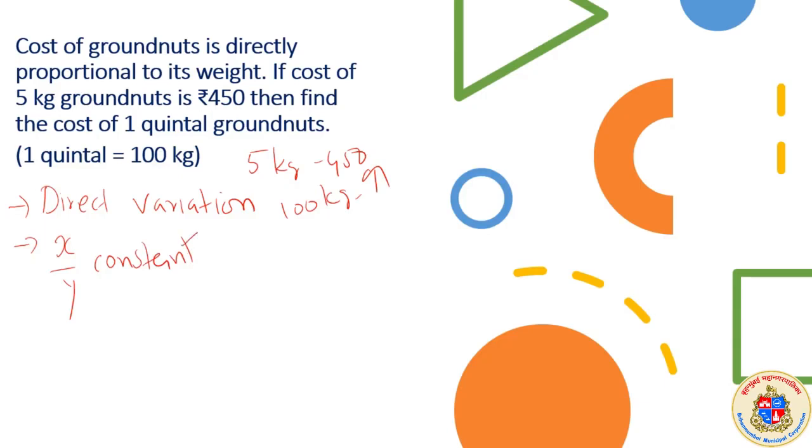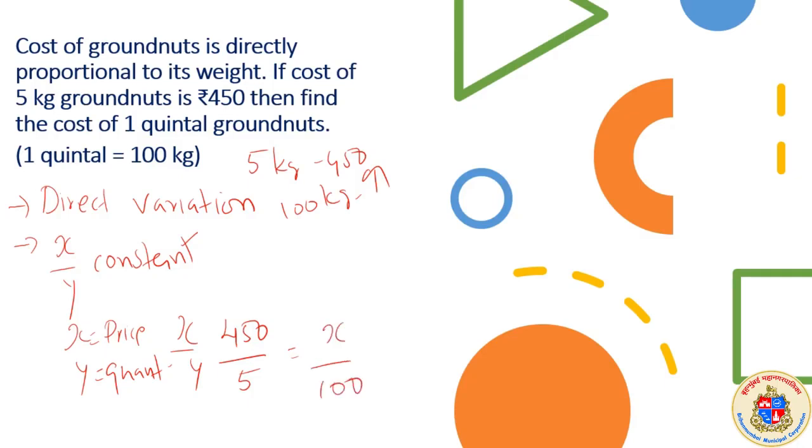Let x be the price and y be the quantity. In that case, we write x upon y: 450 rupees for 5 kilograms is equal to x rupees for 100 kilograms. Understood? And we will simply calculate it.